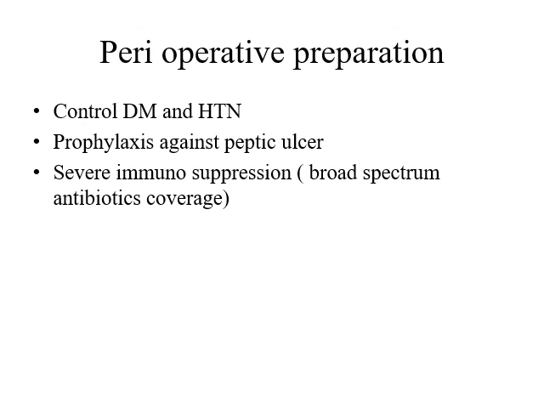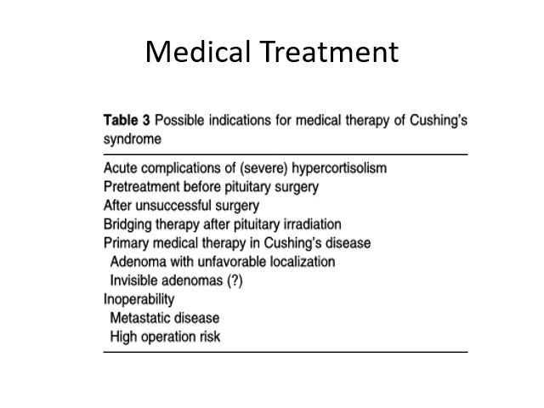Preoperatively, you need to control the associated comorbidities, give prophylaxis against peptic ulcer, and cover with broad-spectrum antibiotics because your patient would be severely immunocompromised due to high levels of steroids. In Cushing disease, the optimum surgery would be transsphenoidal pituitary adenectomy, and the transsphenoidal approach is said to be the best approach, associated with low rates of morbidities.